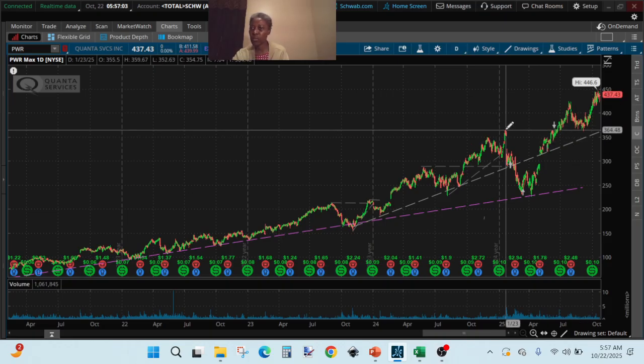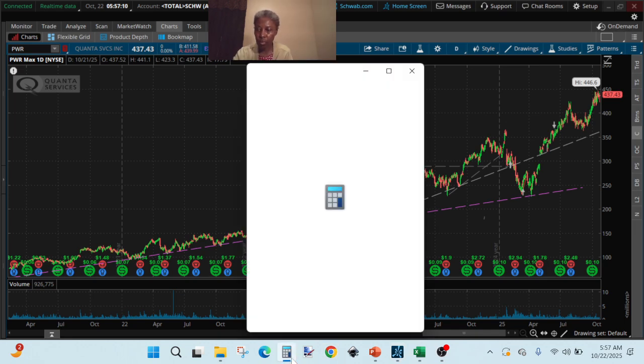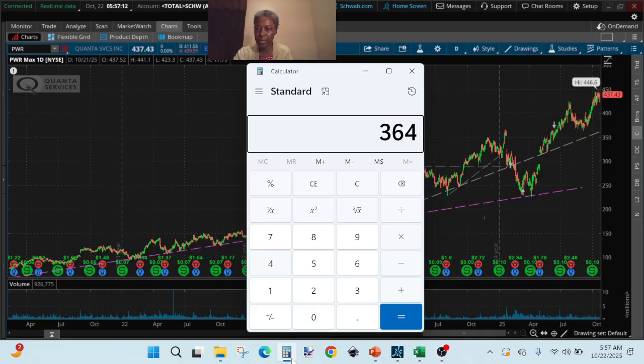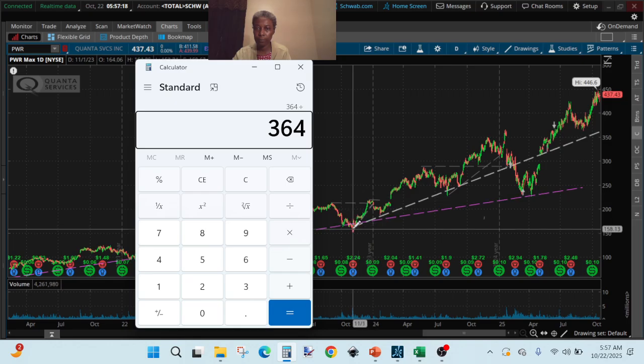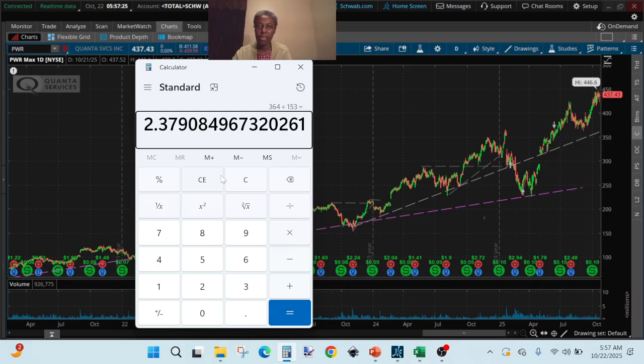So if we take 364 as the highest peak there, 364 divided by 153 gave us a ratio of about 2.4 or 2.3.